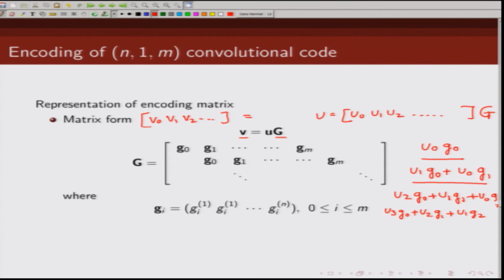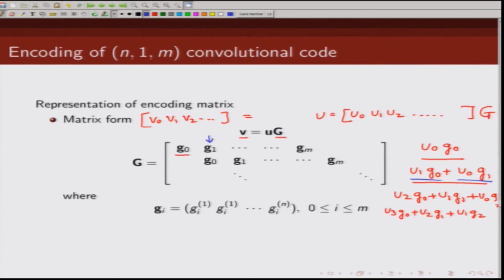So, this is U0 times G0. So, this is G0. Second instance, what is my output? My output is U0 times G1, this term. U0 times G1 is this term, and then G0 times U1, which is this term. So, the second entry of this generator matrix is this.